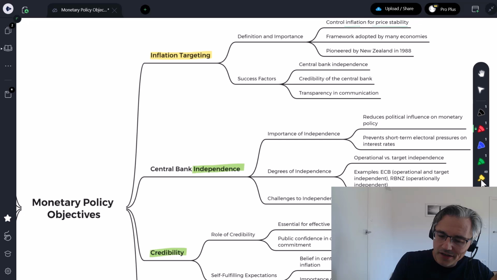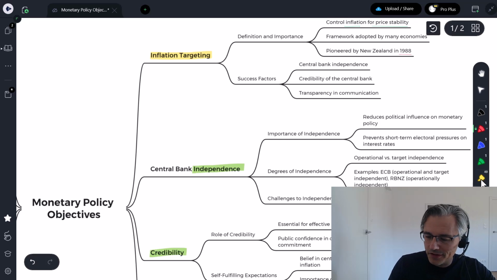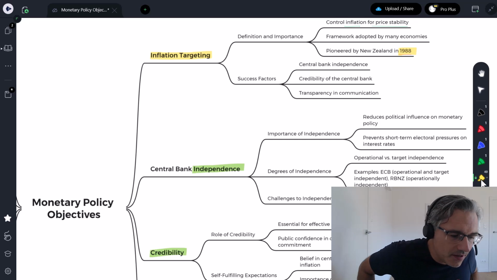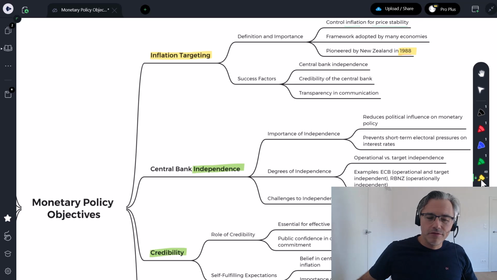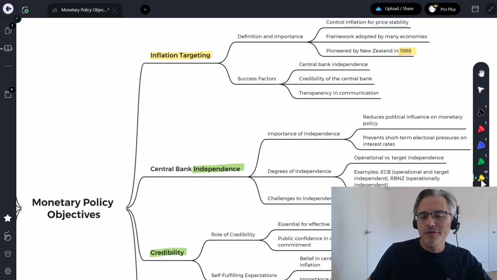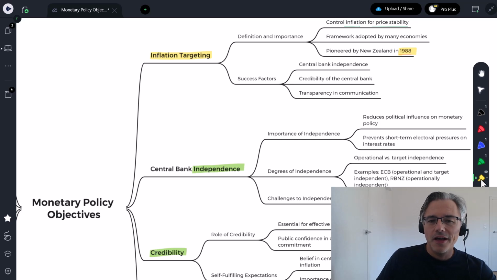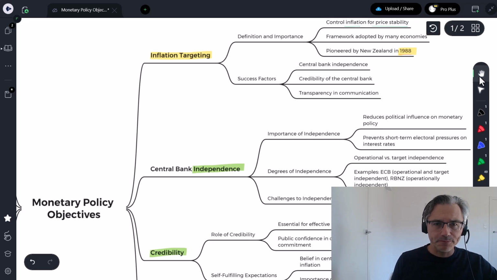I don't expect the year to be tested, but please note that New Zealand was the first to state a specific target for inflation, and it became the official target for the Reserve Bank of New Zealand, that country's central bank.